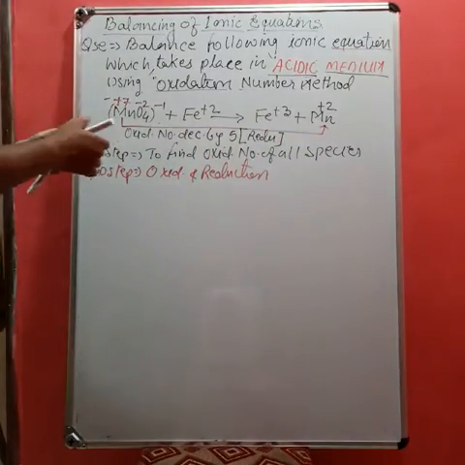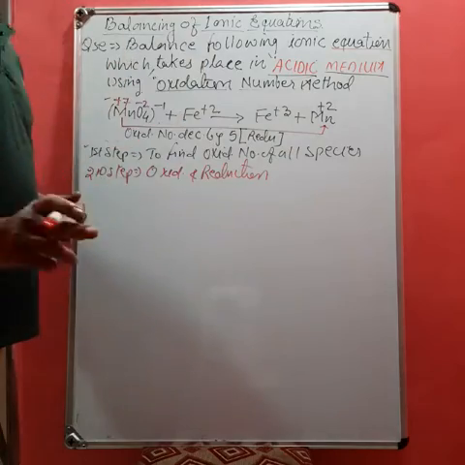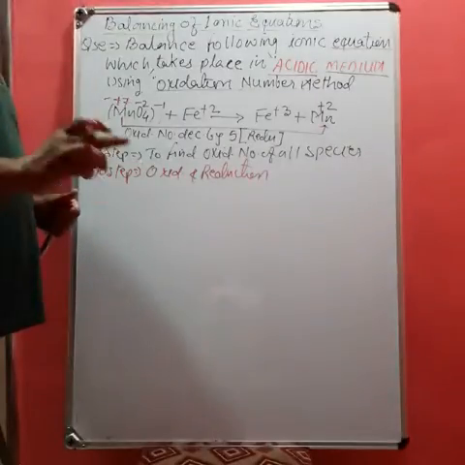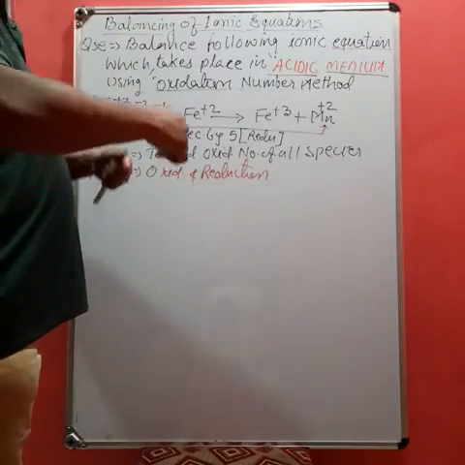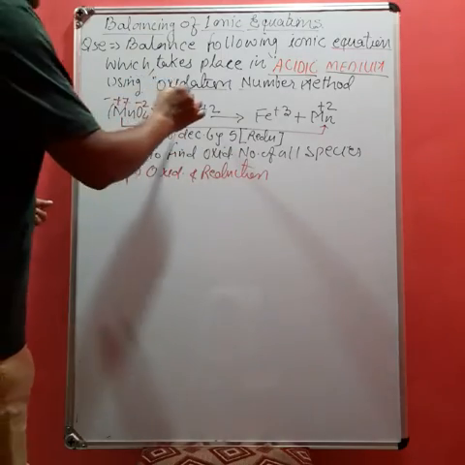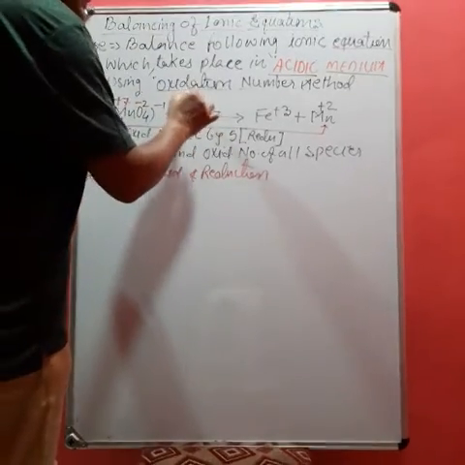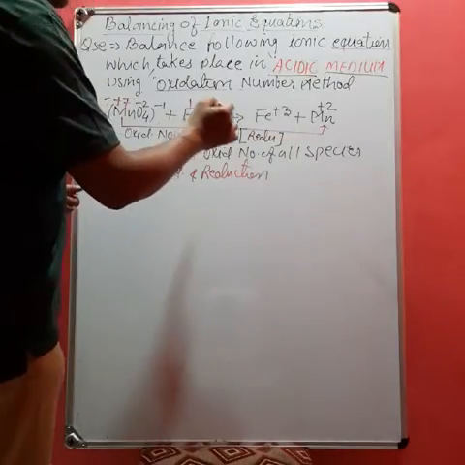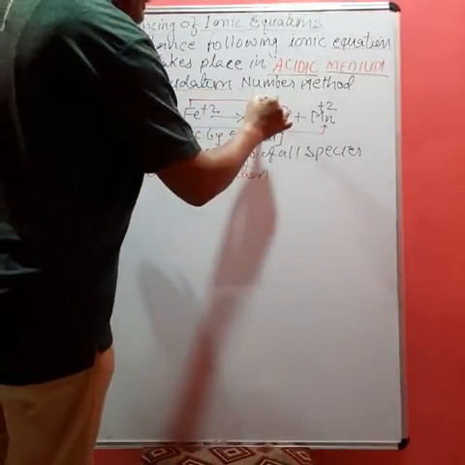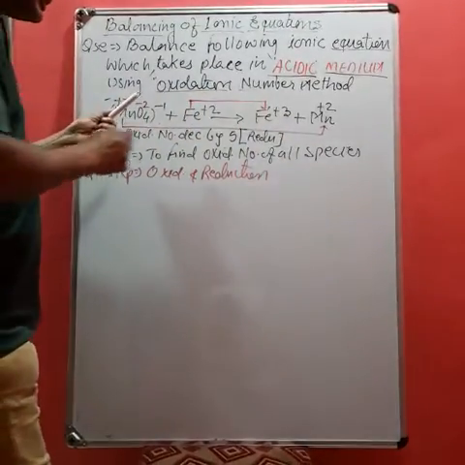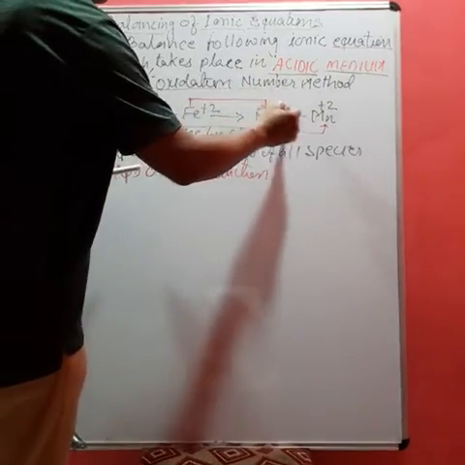Now compare the other species. In a redox equation, if one is getting oxidized, then the second one is getting reduced. Now +2 is getting converted into +3.